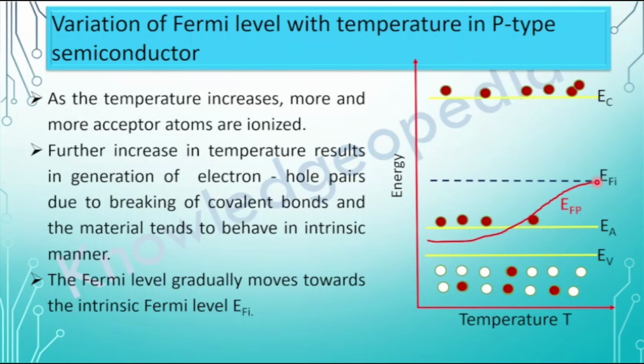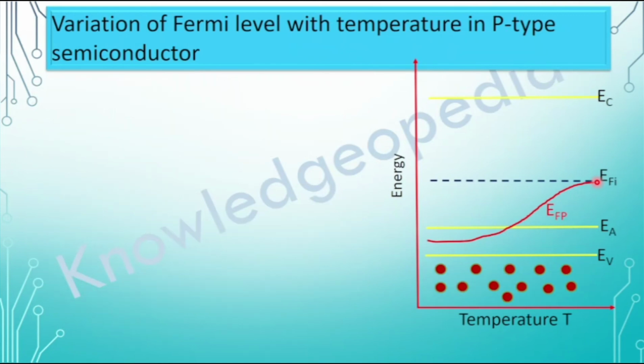Now we will also see if we are changing the concentration of the dopant element, that is the acceptor elements, how the Fermi energy will change its position. Suppose I am increasing the dopant concentration, that is the acceptor atoms. In that case, what will happen? More electrons will get absorbed over here, and it requires some more electrons to compensate the nature of the p-type semiconductor and to behave as an intrinsic semiconductor.